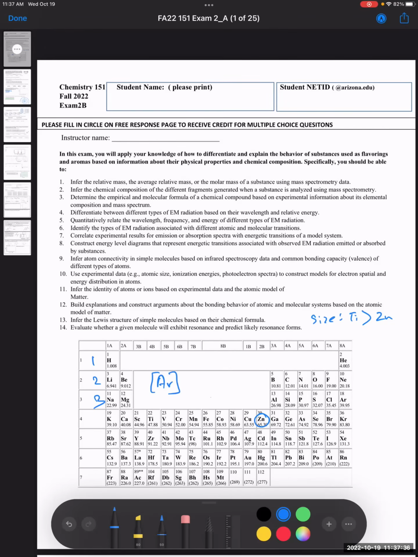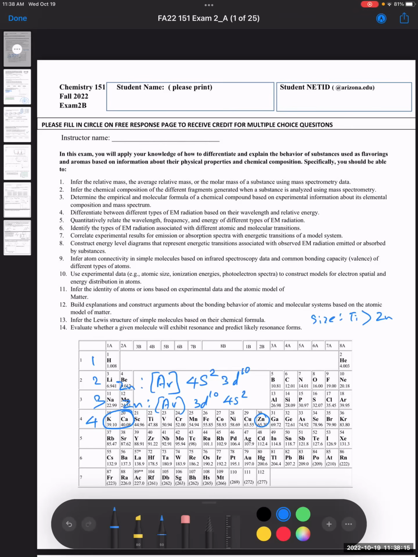Then in the fourth shell, or the valence shell, the 4s electrons are completely filled. It should be 4s2, and then in 3d, you have 10 electrons. So in zinc, the configuration is 3d10 and 4s2.